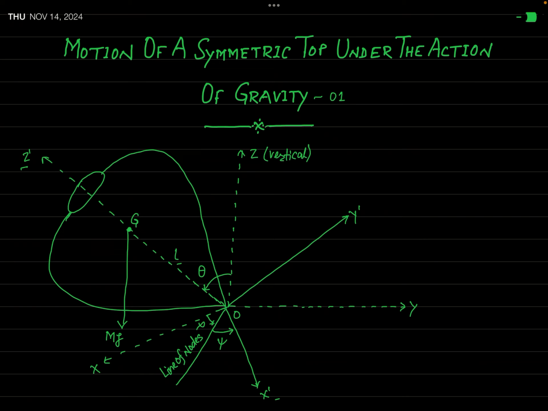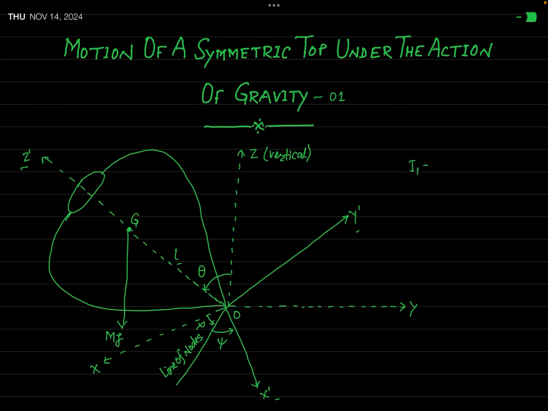Since the body is fixed at O and the axis of symmetry is Z dashed, the principal moment of inertia of this body about the other two axes, that is X dashed axis and Y dashed axis, will be equal.